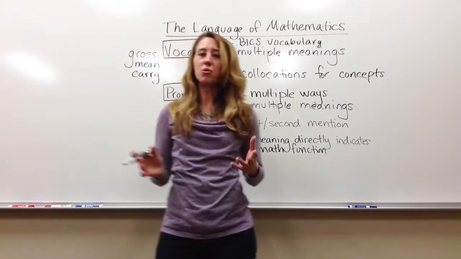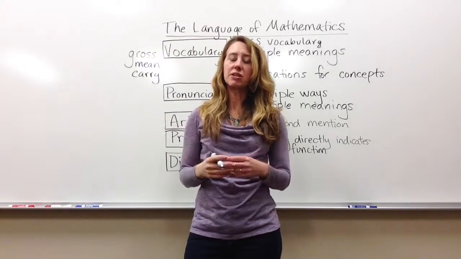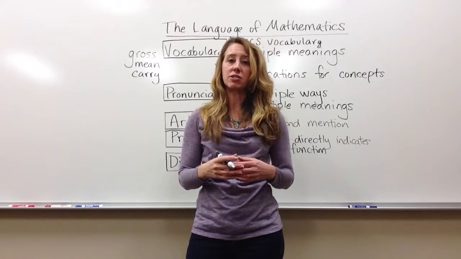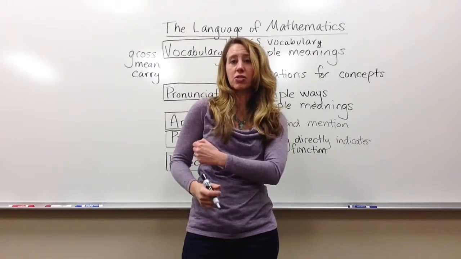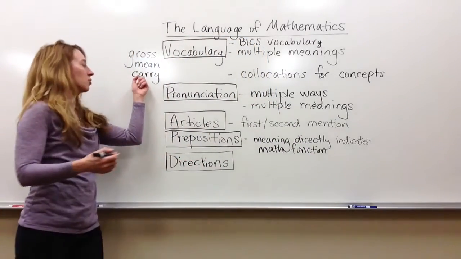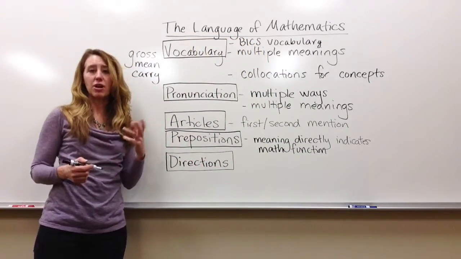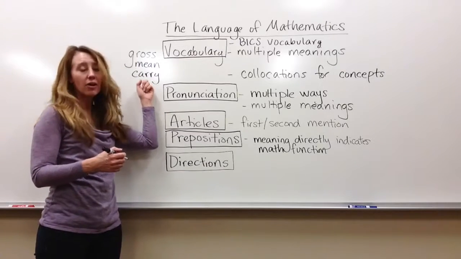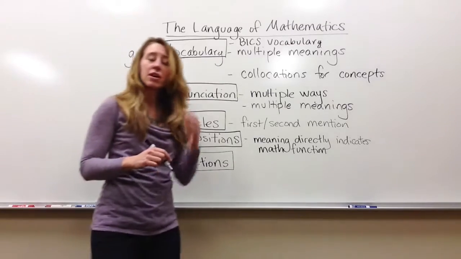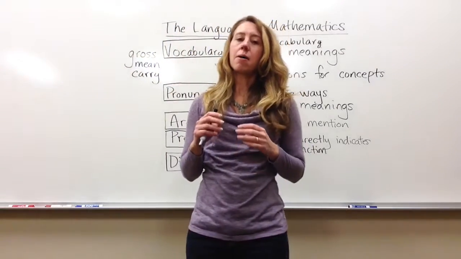They almost always will know that word. They'll have been exposed to that BICS meaning of that word before they get to you. To carry something, to put it over your shoulder or to carry it in your arms. And of course, when we are adding, subtracting, etc., we are carrying numbers, and it means something very different. So those are some great examples.